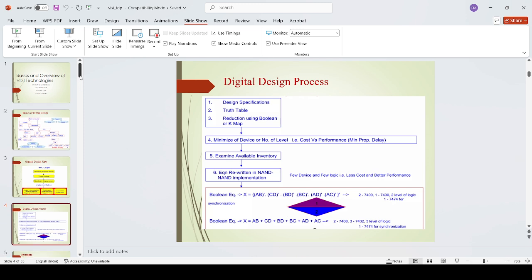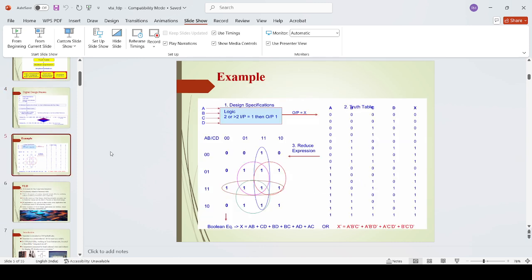So students, just try considering this example and implement all the design steps. See here, now we are going to design one digital system.